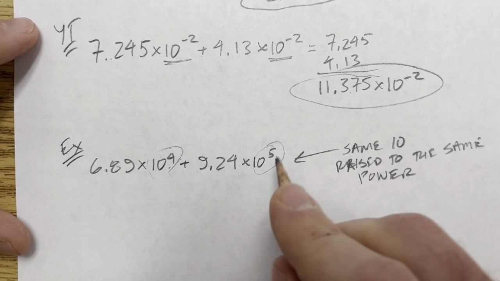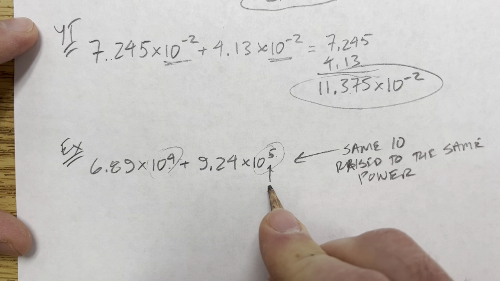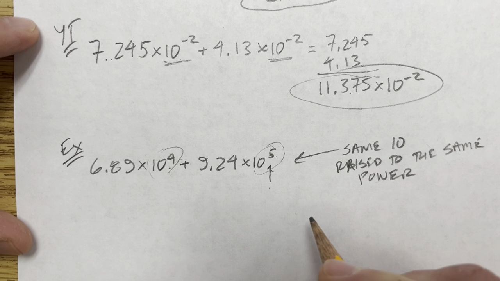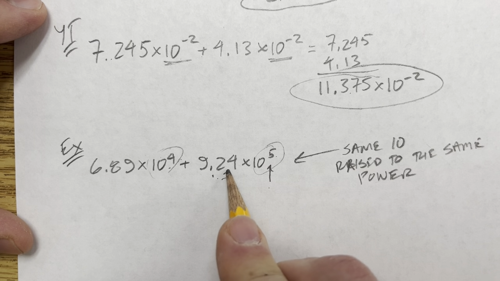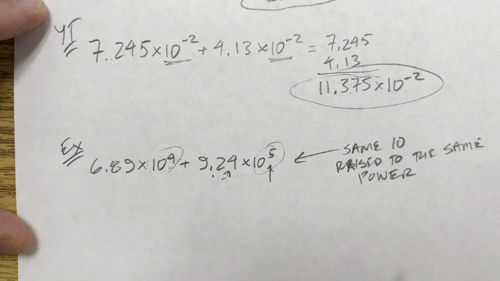So what we're going to do is take this 5 and make it into a 4. Here's how we do it. We're going to move the decimal one place to the right.